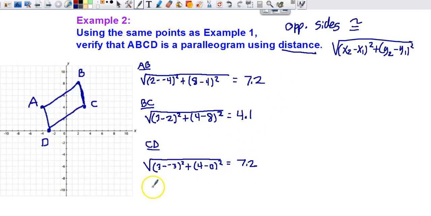And finally, we'll do AD, which is going to be negative 3 and negative 4. And my y's will be 0 and 4.